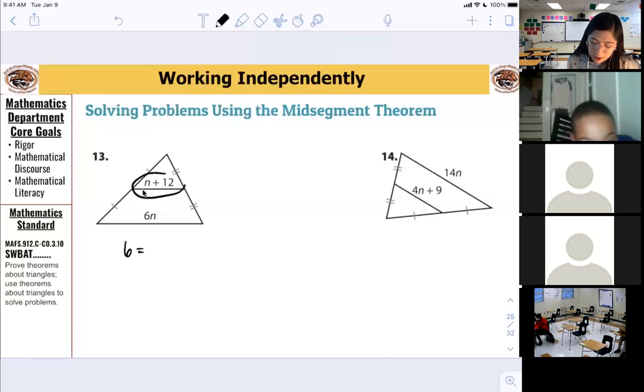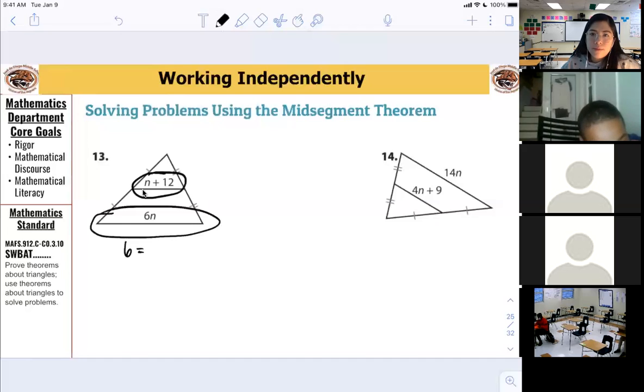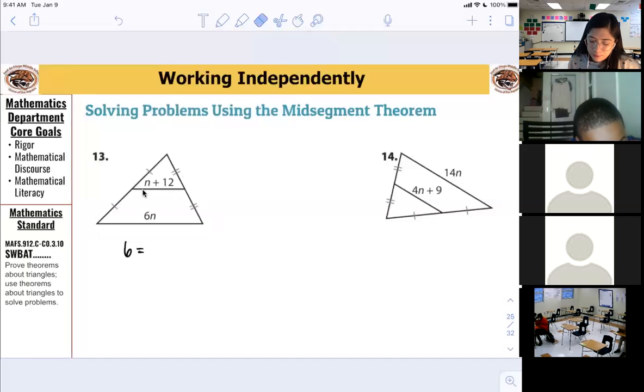So you're telling me that half of this will be the other one? Which one is half of which other one? Which one is the one that's smaller? This whole line segment is smaller.